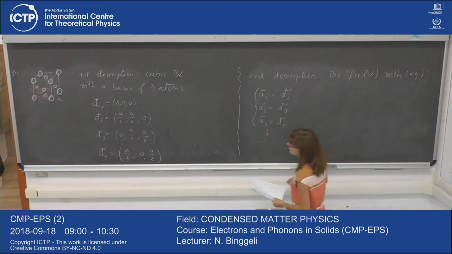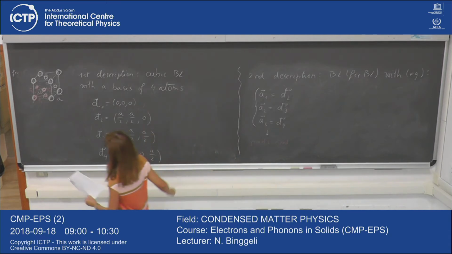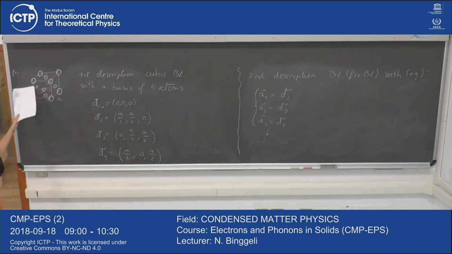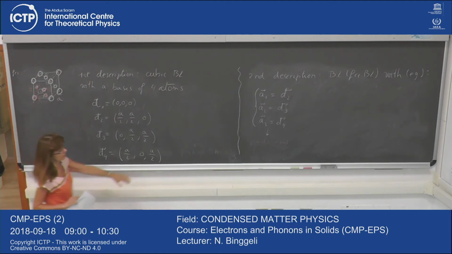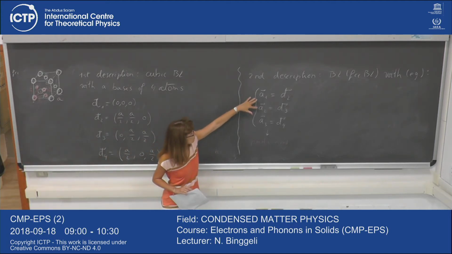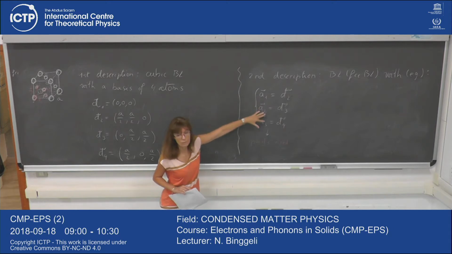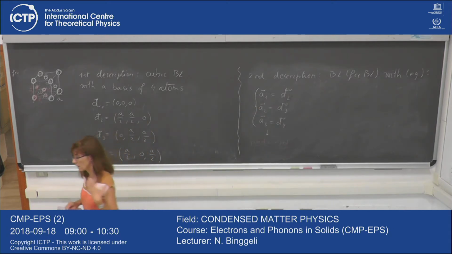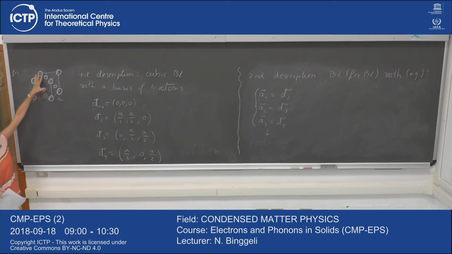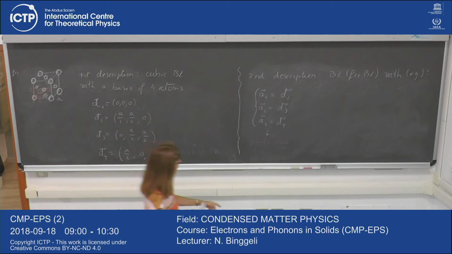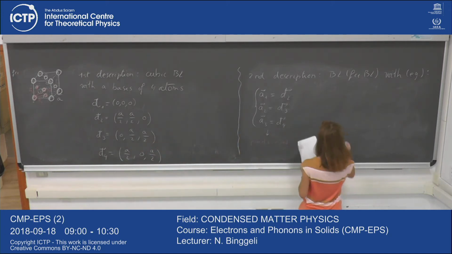And then to show that one can obtain all other atoms, it's enough if I show that by linear combination of these three vectors, I can generate the primitive vectors of the cubic cell. If I show this, then it's obvious that I can reach all of the atoms. And this is indeed the case.